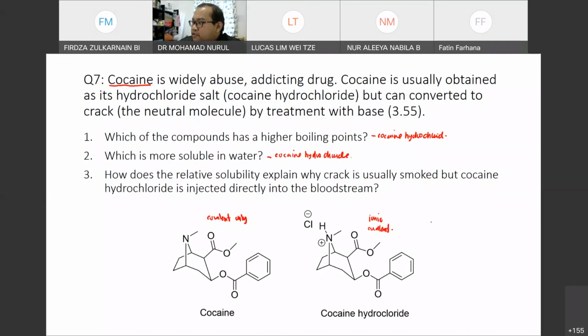Because salt is more soluble in water, and it can easily be injected into the bloodstream.